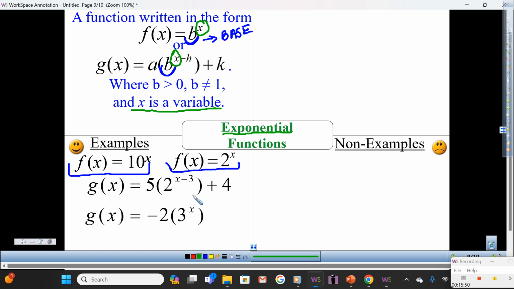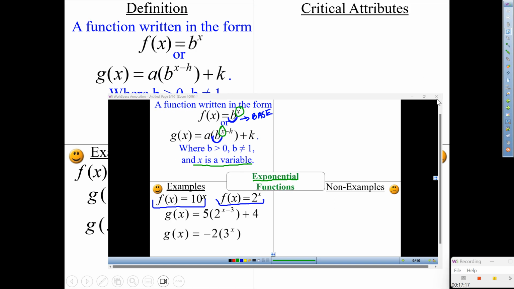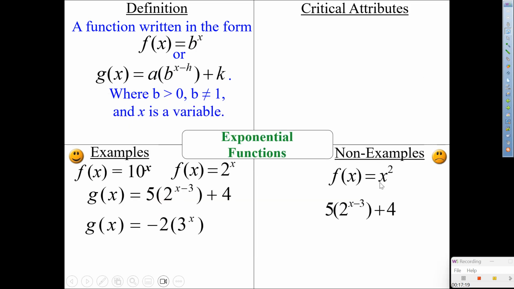Look at them. Exponential functions, students, exponential functions. All right. So with that said, look at the non-examples. Look at this one, and look at this one. Tell your neighbor why these two are not exponential functions.